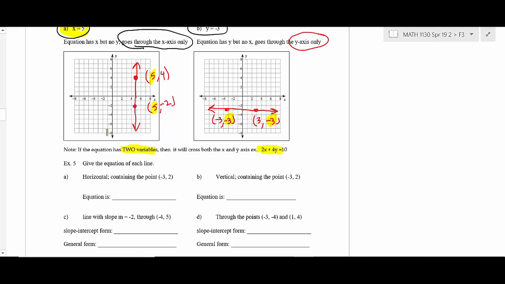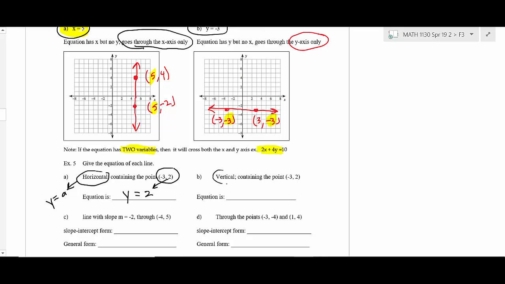Okay, what I want to do on these is if you have a horizontal line, first of all, anytime you have a horizontal line, that's going to be named by its y value. Okay, horizontal lines would be y equals a number. So if you have the point -3, 2, and it's horizontal, then the answer is y equals 2. Okay, horizontal lines have the same y value over and over again, so that's how you get your answer.